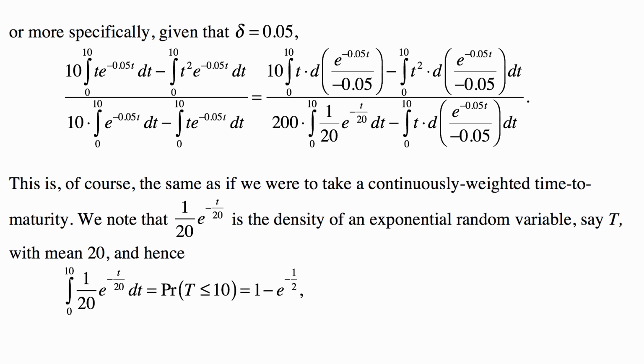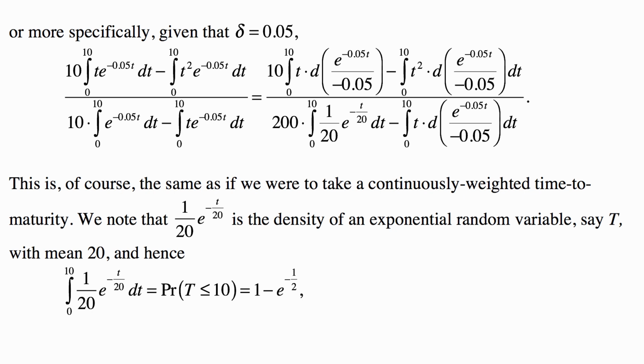At the bottom, we write the first integral as the integral from 0 to 10 of 1 over 20 e to the minus t over 20 dt, and then, of course, we need an extra 20 in front, so 20 times 10 is 200, minus the integral from 0 to 10 of t times the differential of e to the minus 0.05 t divided by negative 0.05 dt.